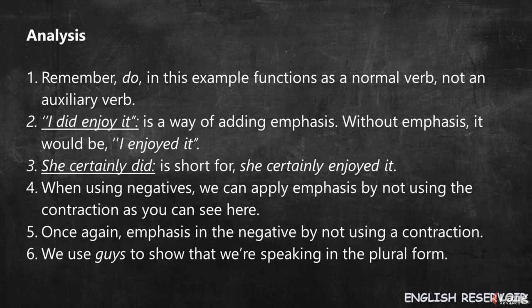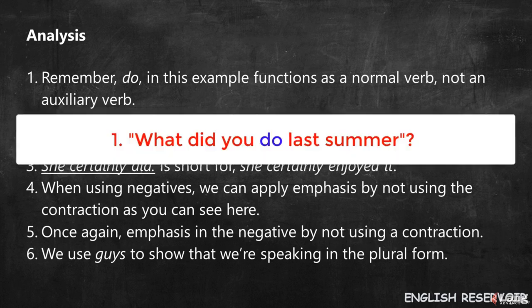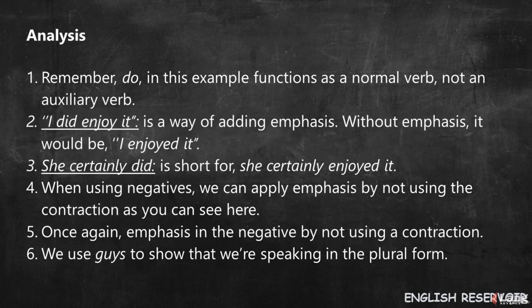Analysis. Remember, do, in this example, functions as a normal verb, not an auxiliary verb. 2. I did enjoy it is a way of adding emphasis. Without emphasis, it would be I enjoyed it. 3.